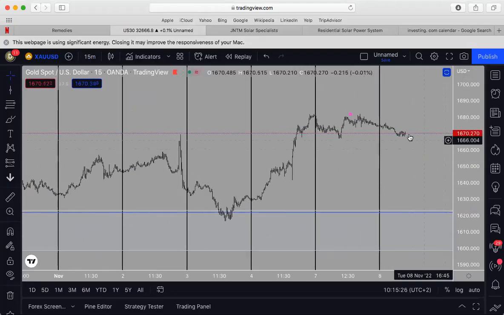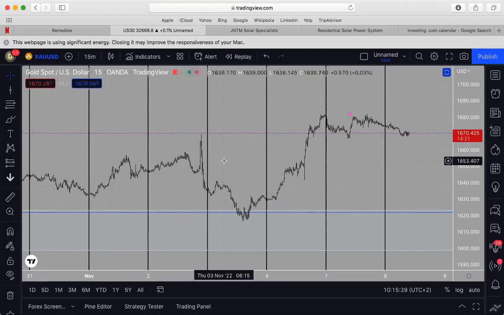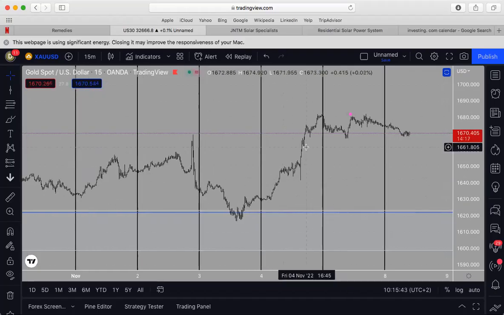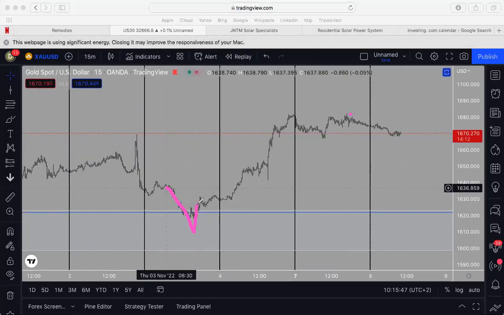All right, so this is Tuesday, Wednesday, Thursday, Friday, Monday. Okay, so you can see where we're currently at, what has transpired. All right, guys, so we had an outside structure, half a Batman, push 1, push 2, push 3, back into consolidation.